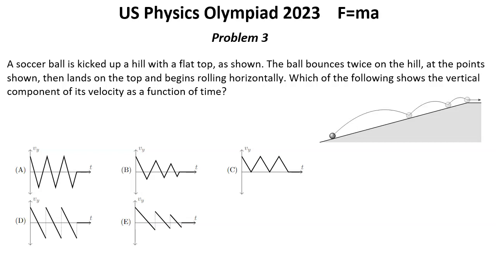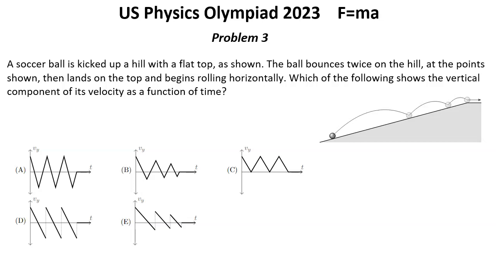Since gravity provides a uniform acceleration downward, the graph of v as a function of t should be decreasing with a constant slope everywhere except at the collisions, ruling out all but choices D and E. The collisions provide the discontinuities.